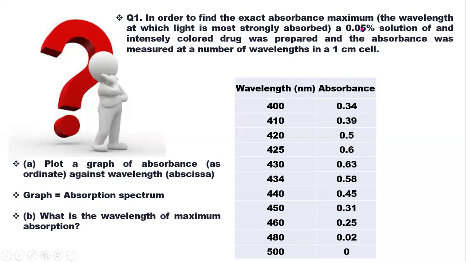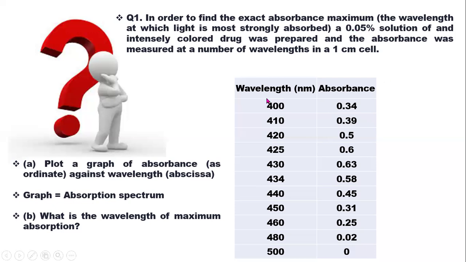When we say 0.05%, we mean that 0.05 gram is weighed, dissolved, and topped up to 100 mL of the solution.